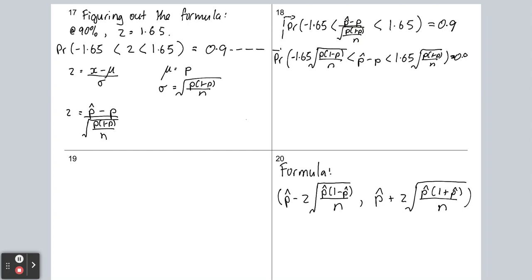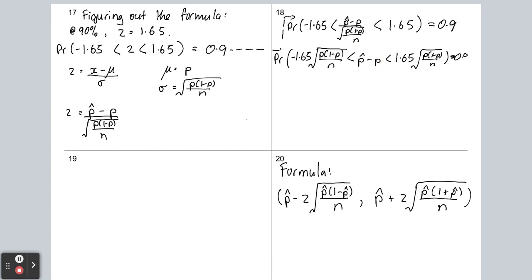Next step is where I do a little bit of inequality work, which, if I tried to explain it too much, would take too much of the video. But effectively, I can now take p hat to either side here. That would leave me with a negative p, but I want a positive p in the middle.